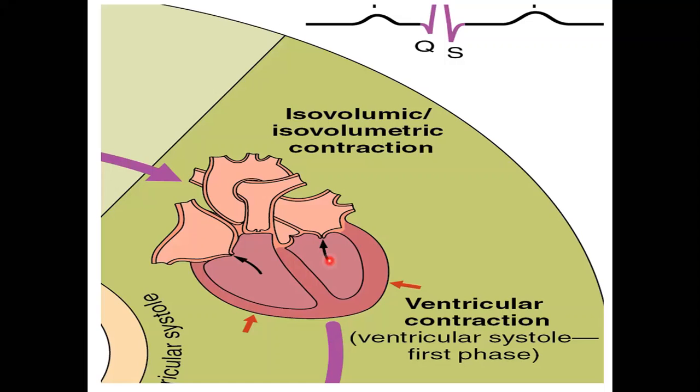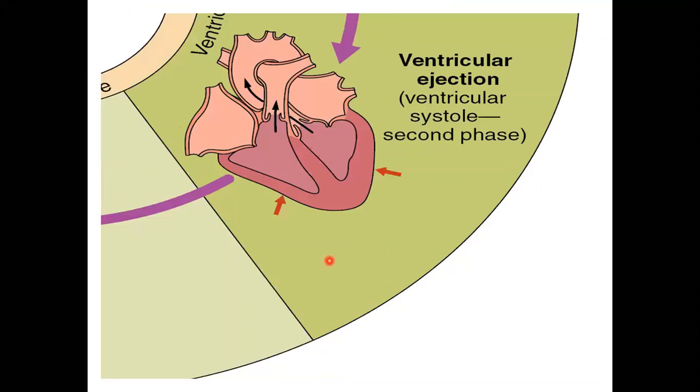Then there is a second step, the ventricular ejection phase or rapid ejection phase. This phase follows immediately, during which the ventricular pressure reaches its maximum in both ventricles.